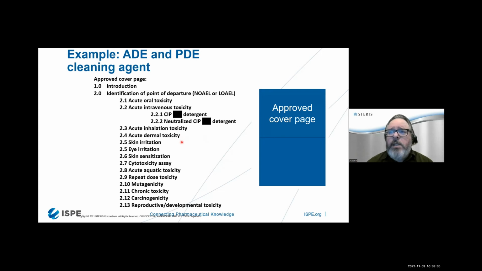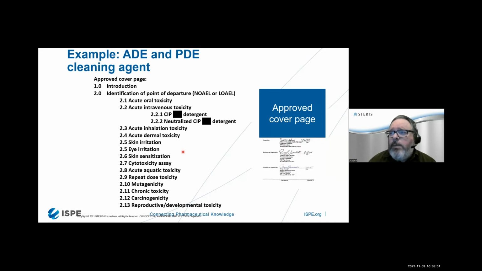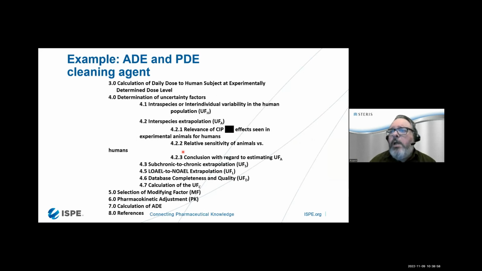In this case, there's dermal toxicity, aquatic toxicity, acute intravenous toxicity, as well as oral toxicity, and so forth. You're indicating what was actually reviewed by the toxicologist. And the report is signed by the toxicologist as well as subject matter experts internally.